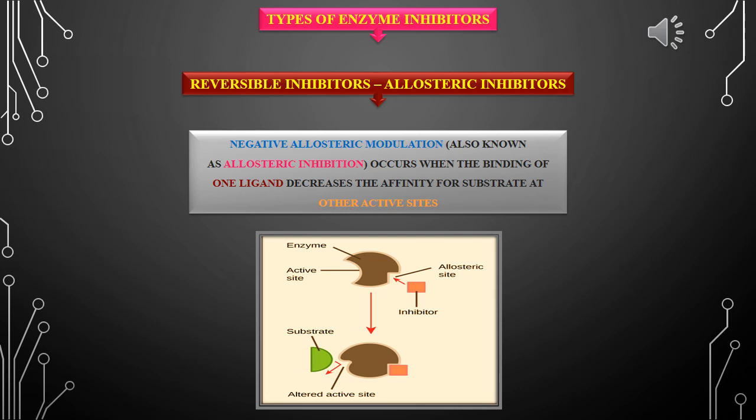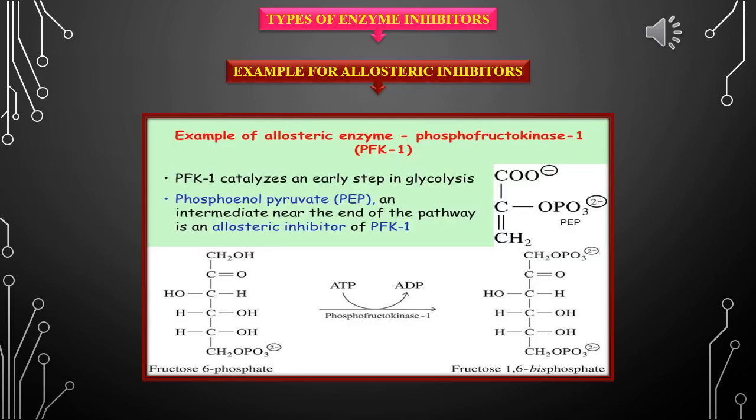That means a conformational change occurs in the enzyme. You can observe in the image that the active site structure is changed, so the substrate cannot interact there, thereby inhibiting in an allosteric way. So it is called allosteric inhibition. The most important allosteric enzyme is phosphofructokinase, a familiar enzyme you will come across in the glycolysis pathway of carbohydrate metabolism.